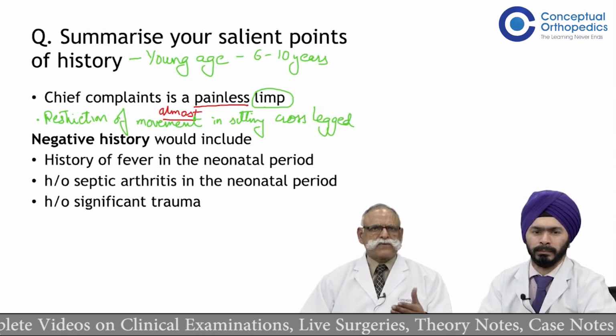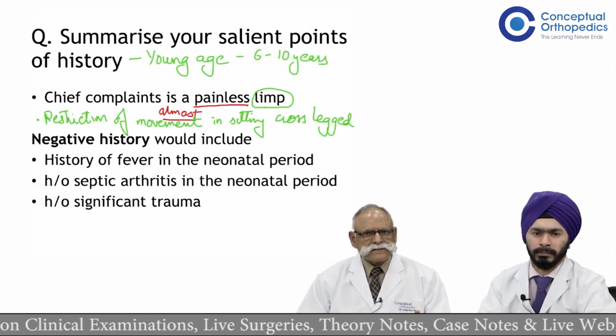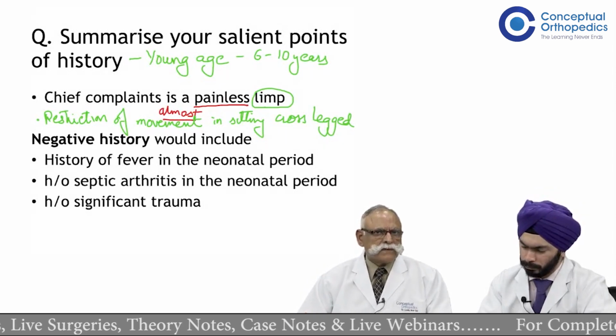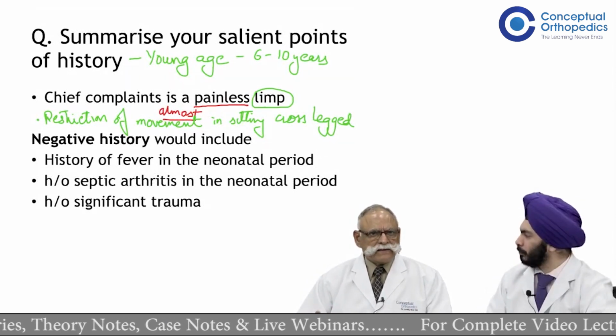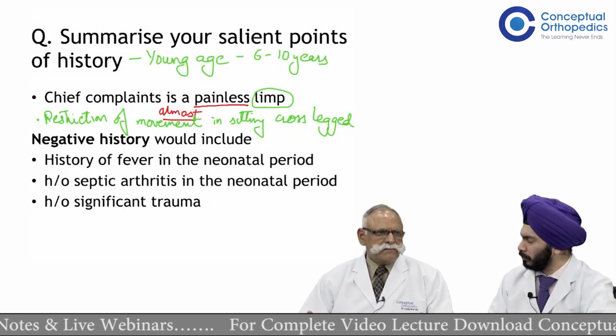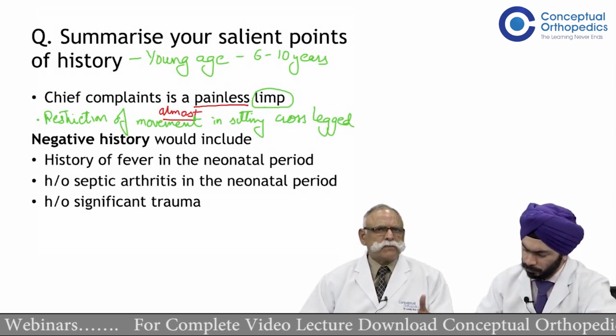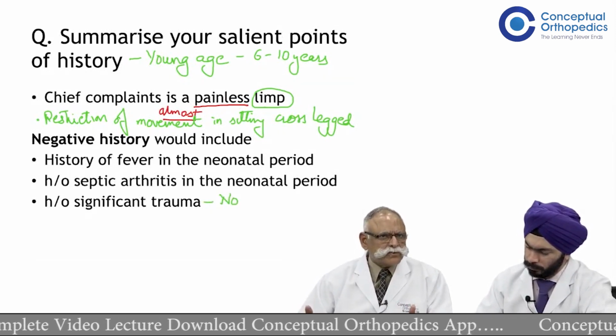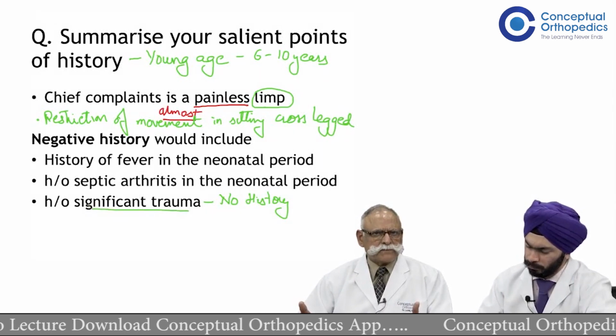Most of the time it comes from the parents that this child had no problem, this child was okay, he had no history of any major trauma. But normally the child keeps on falling here and there, and that may be attributed to their problem.